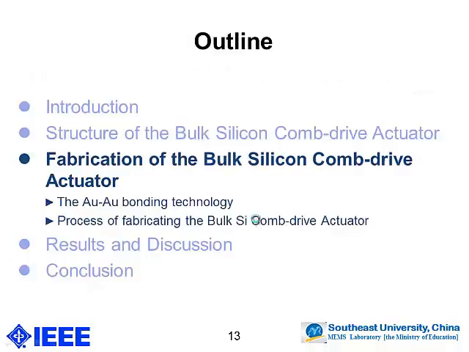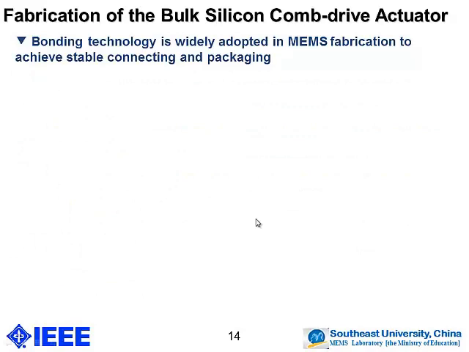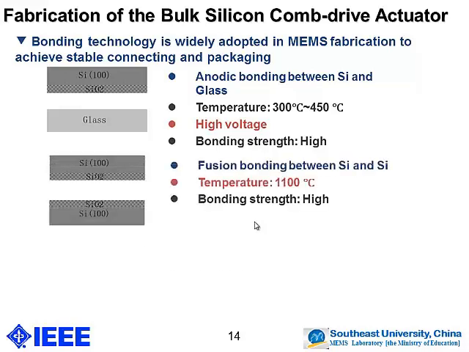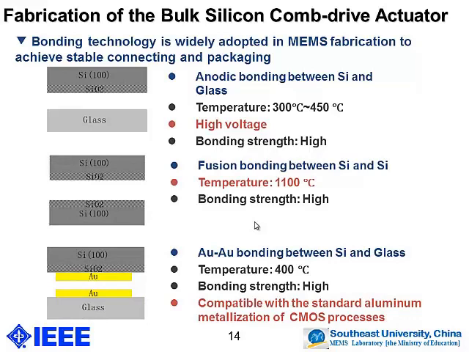Next, we talk about the fabrication of the Bulk Silicon Comb-drive Actuator. In this work, we use bonding technology to achieve the Bulk Silicon Comb-drive Actuator. Three bonding technologies were used.